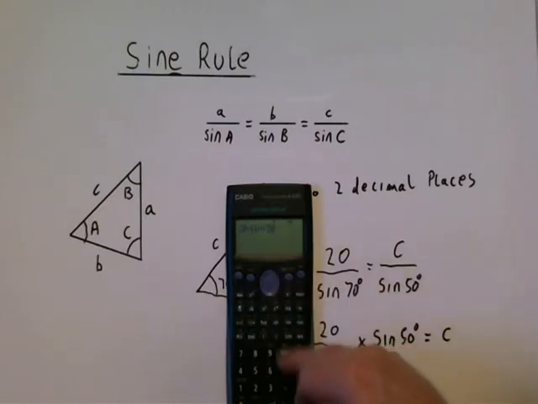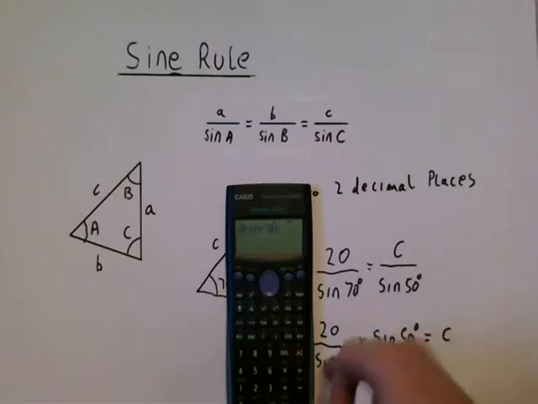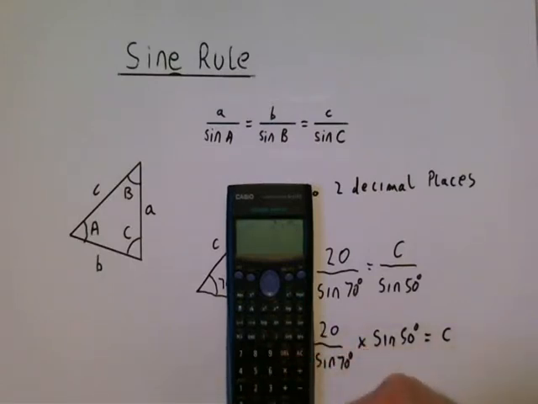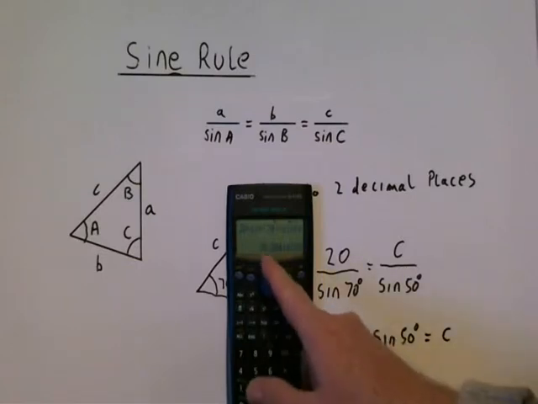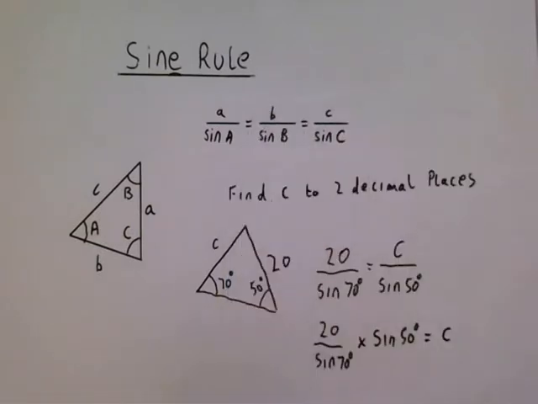And the reason I closed the bracket there is because with this calculator, if I didn't, it would put the sine 50 inside the sine 70, which we don't want. So then times it by the sine of 50. And the question is asking us to put it to 2 decimal places, 16.30. c equals 16.30. Done.